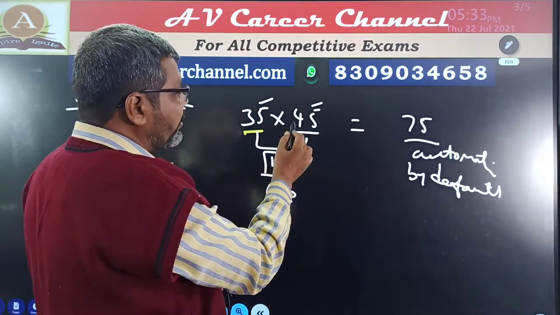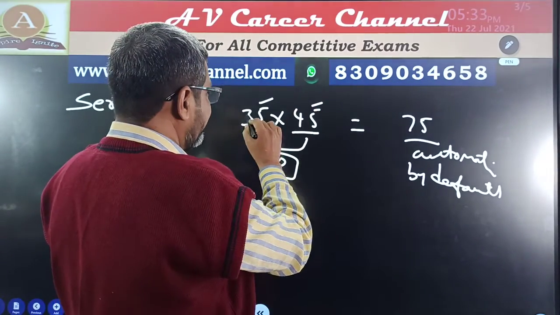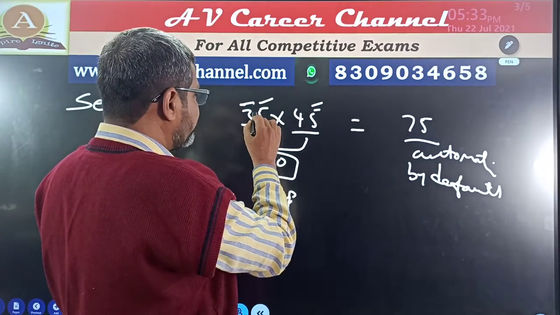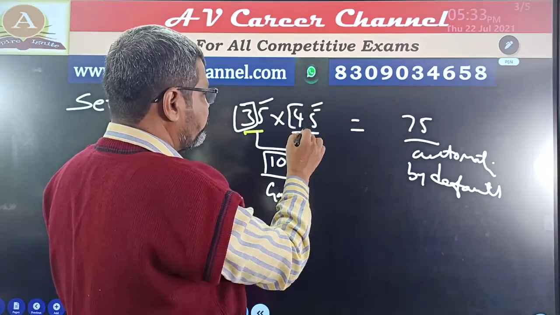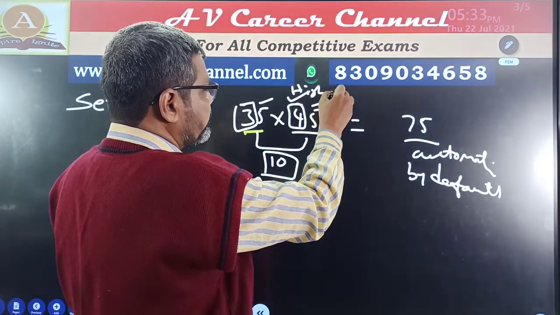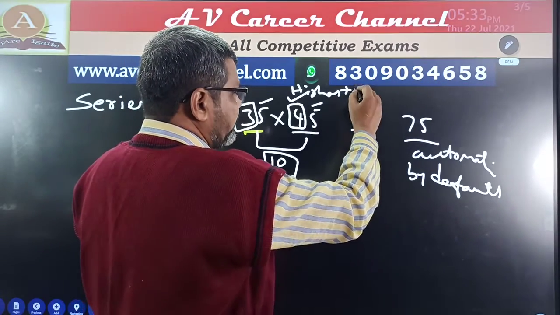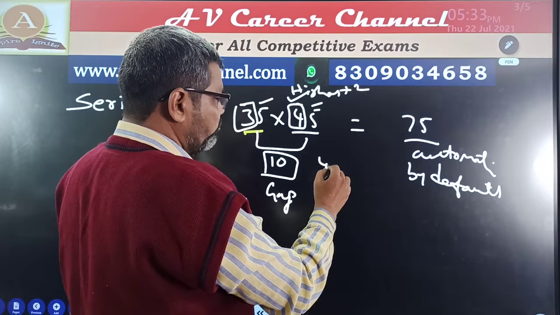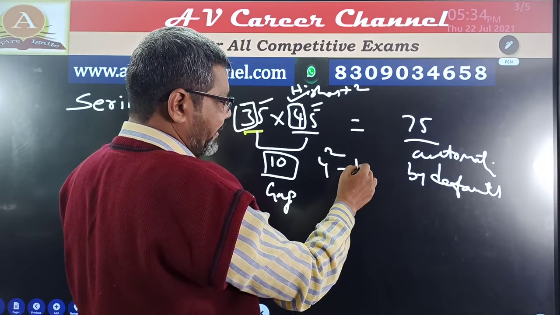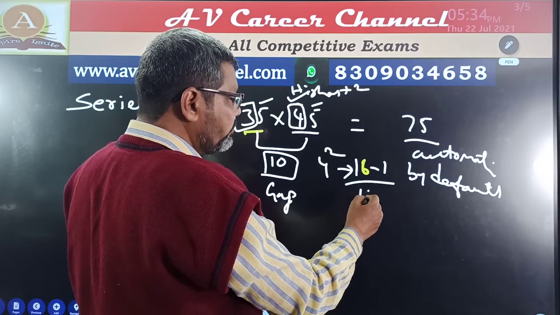Now you are taking the highest number. Out of these two, the left digits are 3 here and 4 here. 4 is the highest number. So you are squaring it. Highest number square, that means 4 square, you are getting 16, minus 1, 15.